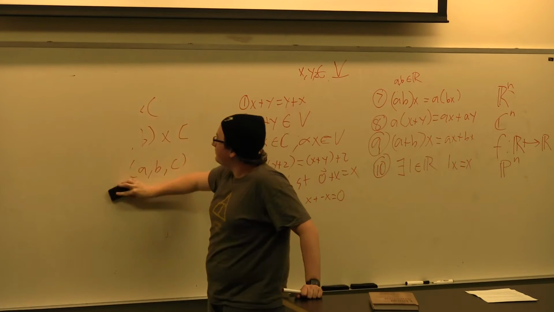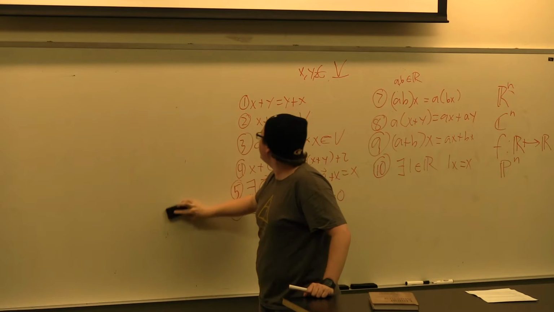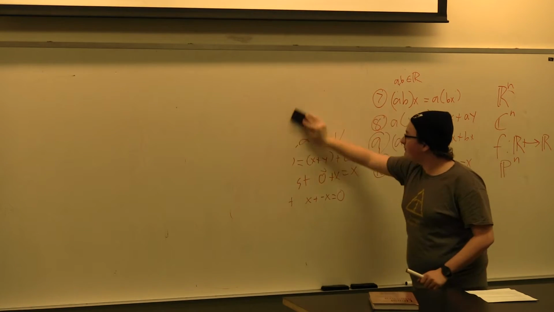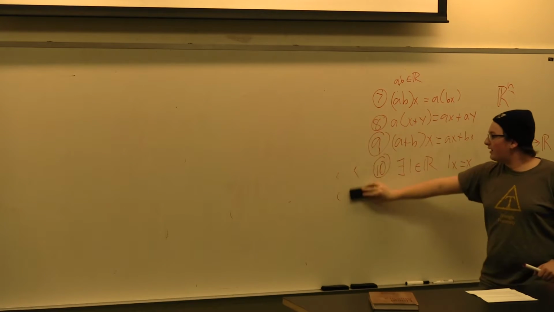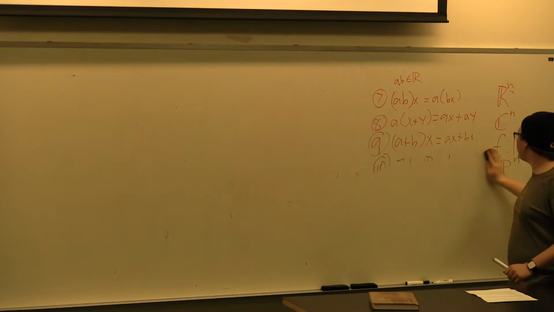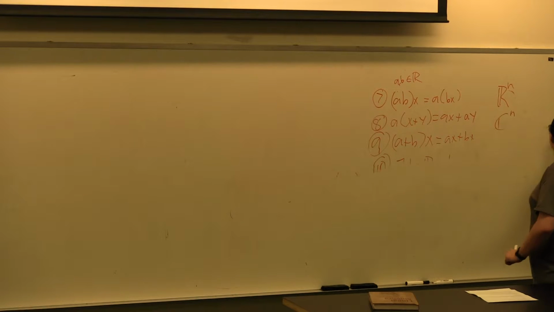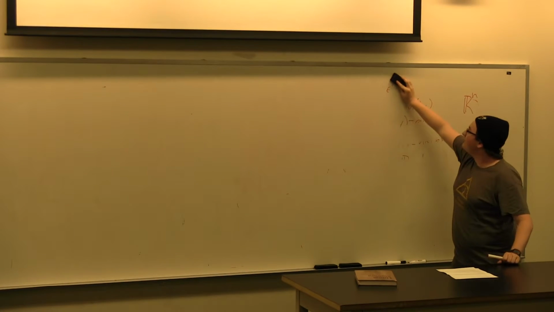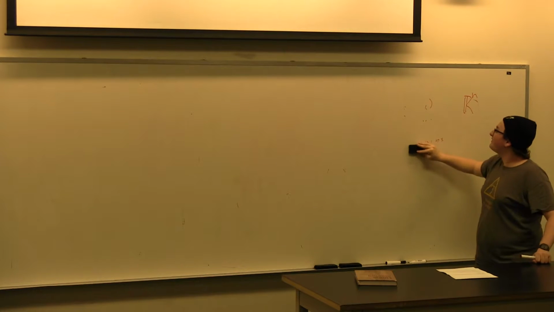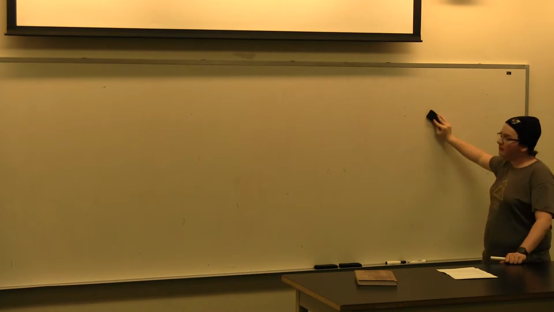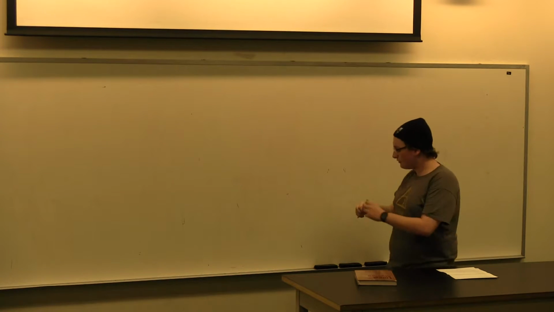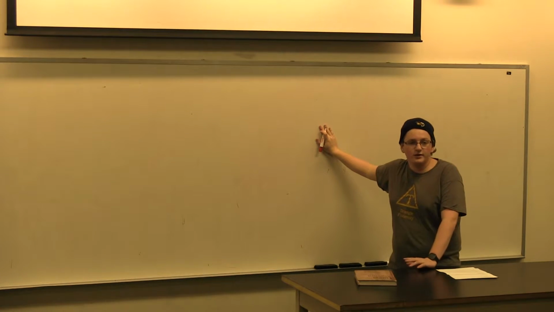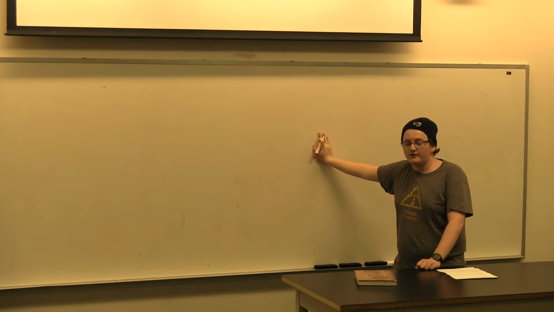The concept of span is pretty simple. Basically, I have a set of vectors all in the same vector space, and the span is the set of all vectors that I can write as a linear combination of my given vectors. So I'm just going to do it for a set of two vectors, but it generalizes easily to a set of n vectors.